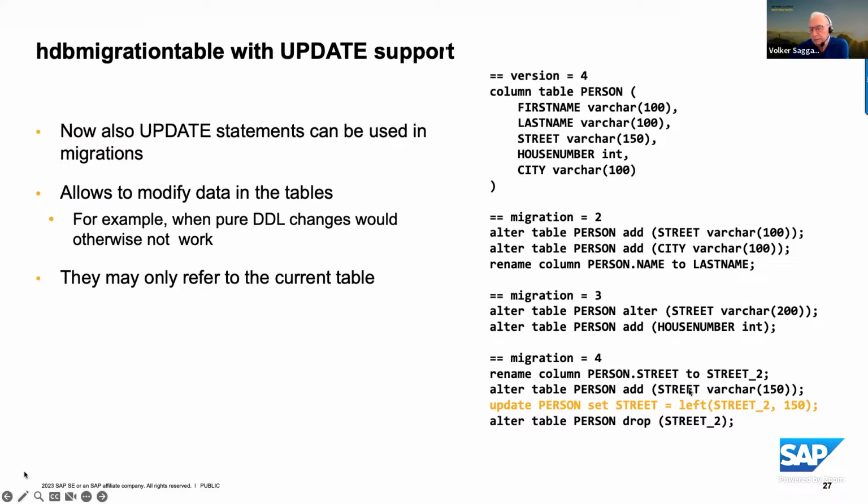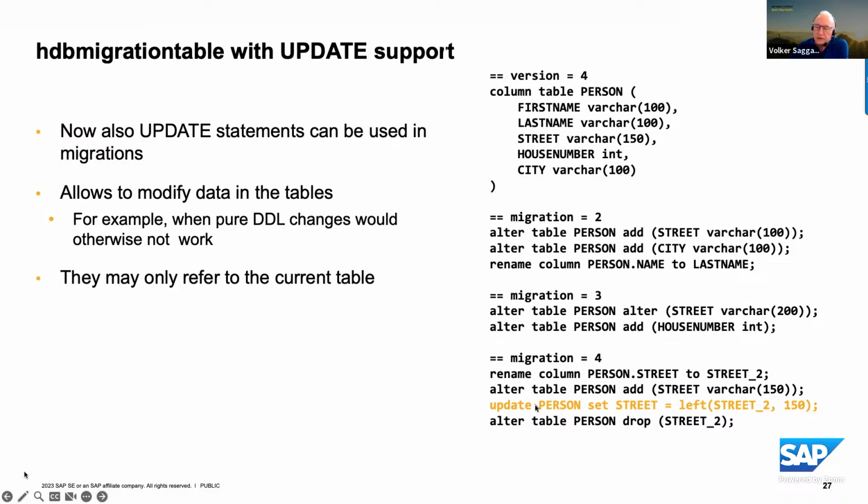Therefore, you have to make space in the old street, so we rename this street to street 2. We add a street with 150, and then we do an update with left. So the database is cutting the content of street 2 to 150, and ultimately we drop the column.